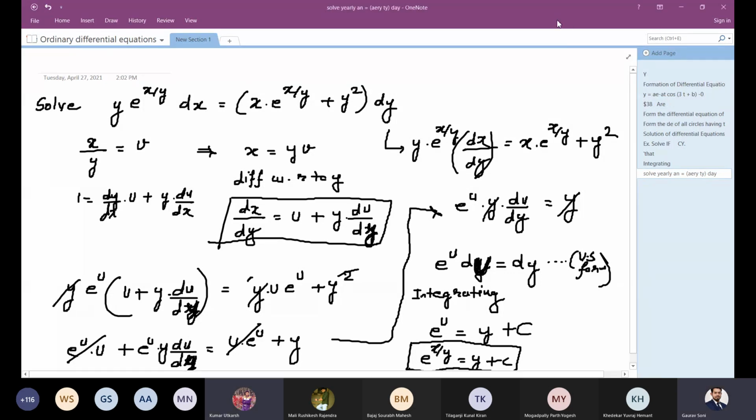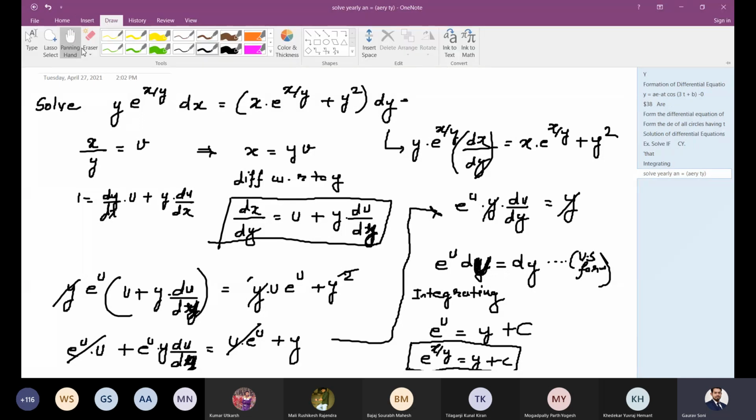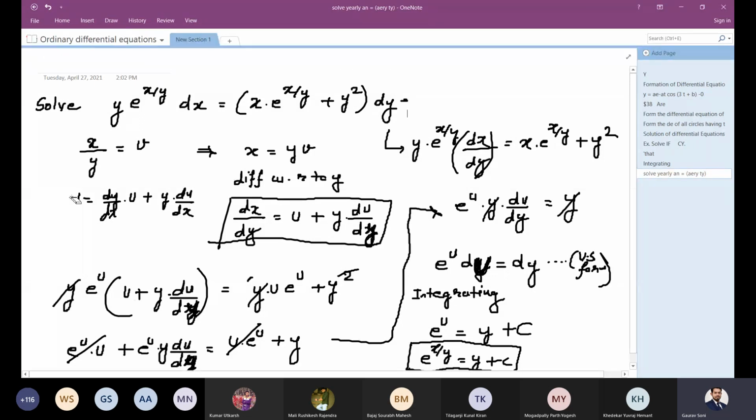Once I make this kind of derivative, then I will have to separate the things, and later I will replace dy by dx from this. So whichever is easier for me, that I will substitute. Am I clear? So you have to make the choice which one is easier for you, either you differentiate with respect to x or with respect to y. Am I clear, Utkarsh? Yes, sir.